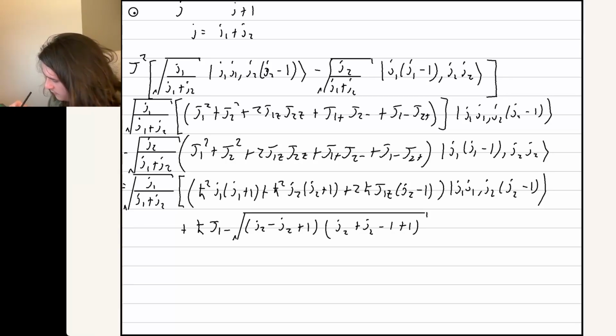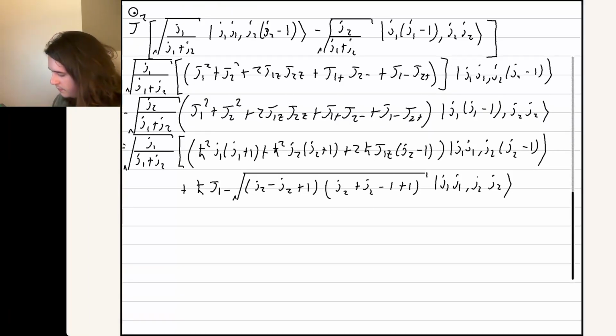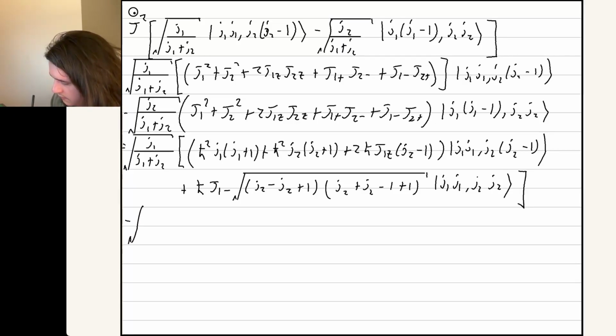That will be acting on the state. It was a raising operator, so it'll take it to j1, j1, j2, j2. All right. And then with the other guy, closing the bracket, we'll have the j2 over j1 plus j2 term.